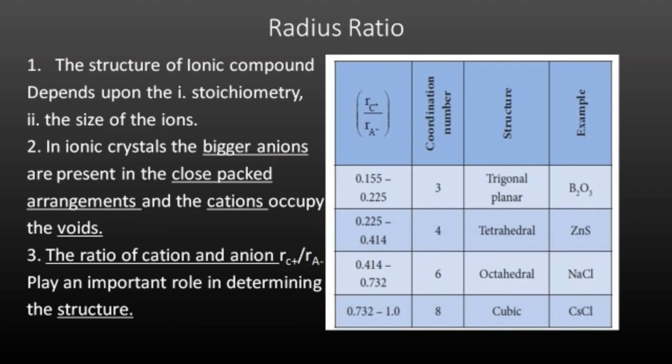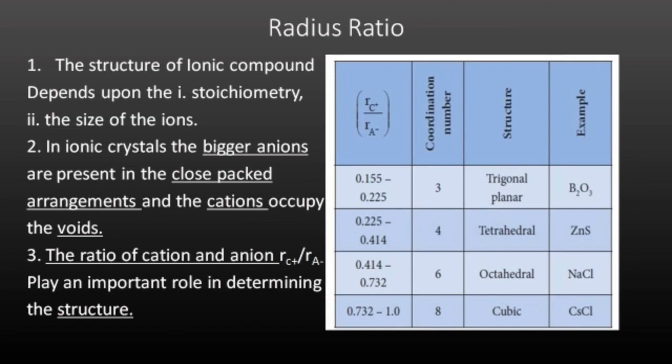First of all, if a radius ratio of 0.155 to 0.225 is obtained, the coordination number is 3, so the structure is trigonal planar. An example is B2O3. If the radius ratio is in the range 0.225 to 0.414, the coordination number is 4 and the structure is tetrahedral.